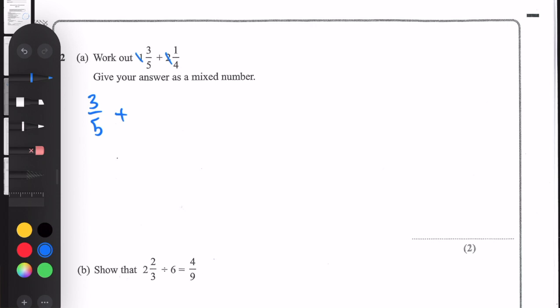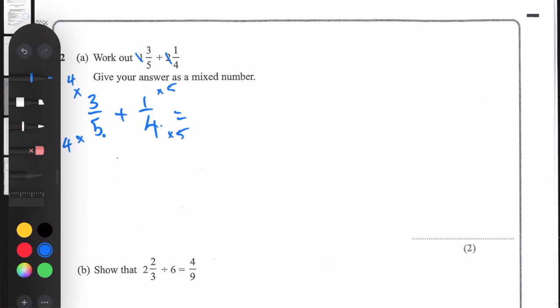3/5 plus 1/4. Now the rule is for this one, you've got to make it a common denominator before you start adding fractions. So I'm going to take the 4 on the right hand side and I'm going to times top and bottom by 4 like this. And then I'm going to take 5 and I'm going to times the other fraction by 5 top and bottom.